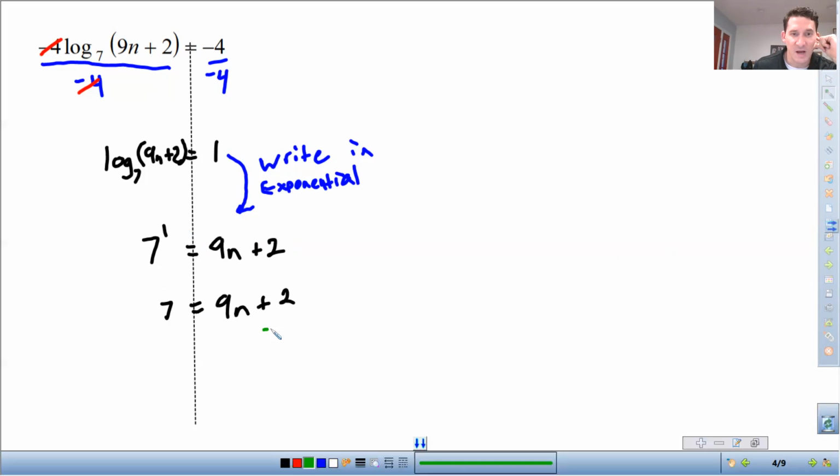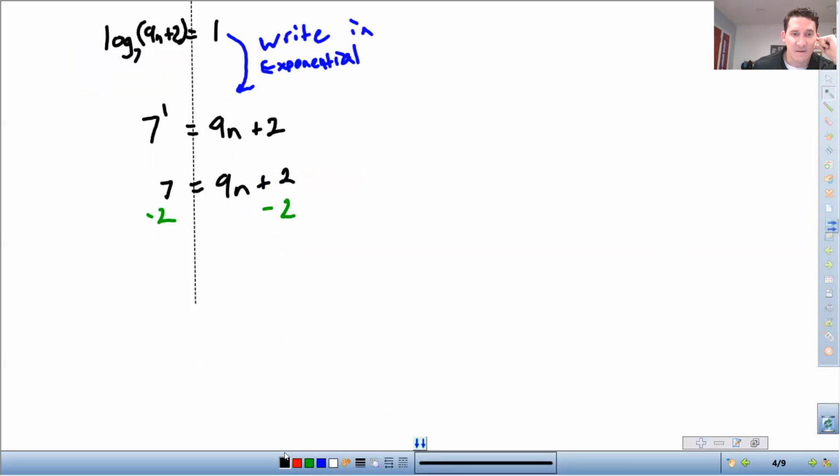I'm going to subtract 2 from both sides. So I get 5 is equal to 9n, and then divide both sides by 9. You can multiply that out and leave it as a decimal. That'd be 0.555, or just 0.5 repeating, or just leave it as 5/9. 5/9 is fine. Either one.